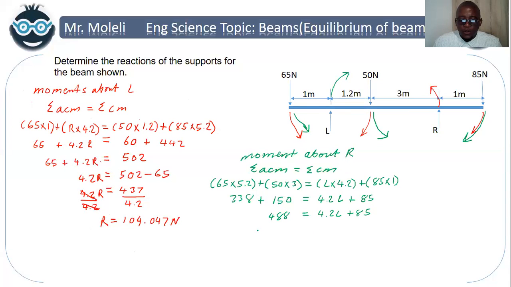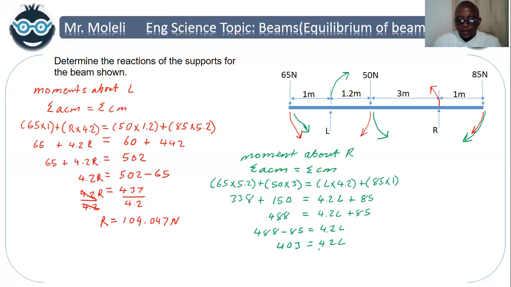So all I have to do now is transpose. We have 488 minus 85 equals 4.2L. This gives you about 403 equals 4.2L.